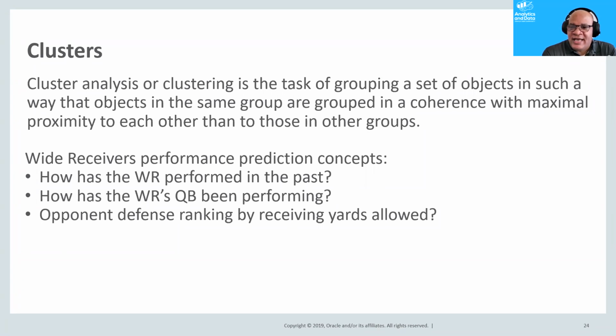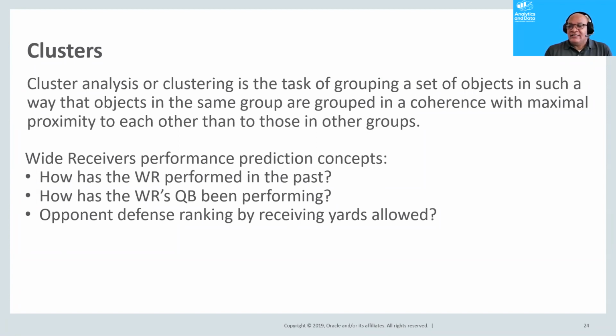And so we looked at three aspects, and one was how the wide receiver has performed in the past. And then the second one was, how has the wide receiver's quarterback been performing? How has the quarterback performed in the past?